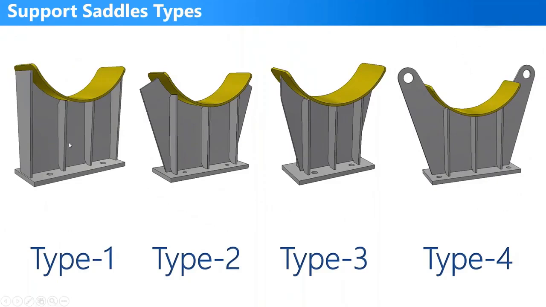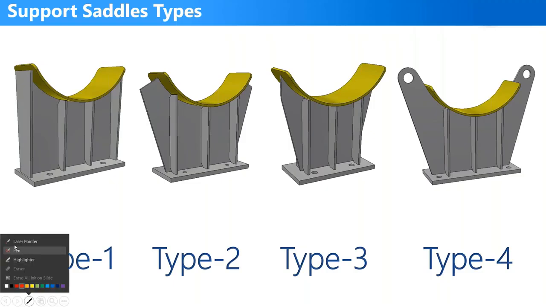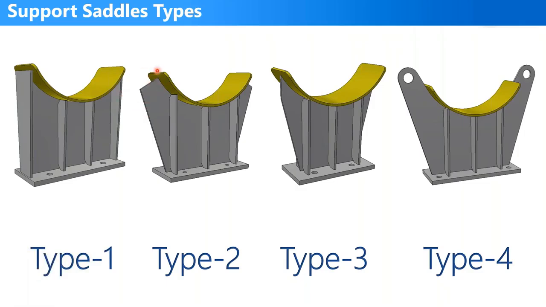The first type is a saddle with outer ribs, and the mid rib is without any edges. The second type, if we take a look at this, here we have this edge right here, but the first type does not include any edges here, and the edge on the second type goes to the center of the equipment.